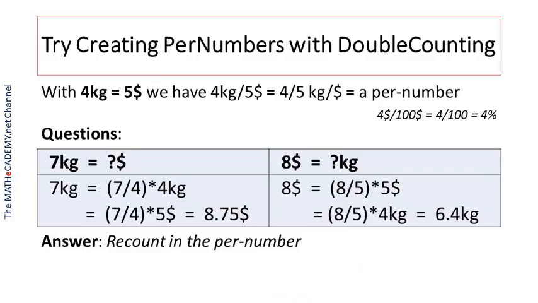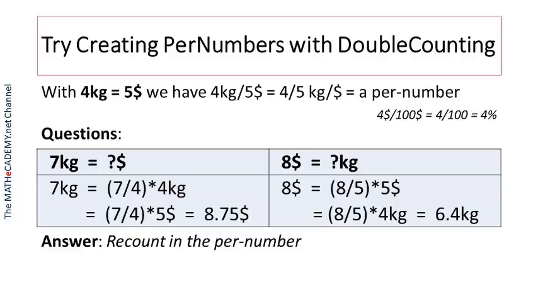Double counting means recounting in another physical unit, which creates per numbers. Double counting a quantity as 4 kilograms and as $5 creates the per number 4 kilograms per $5, or 4/5 kilogram per dollar.